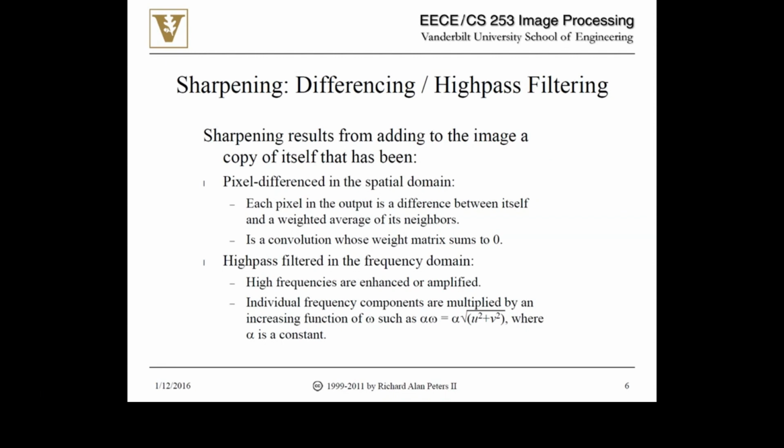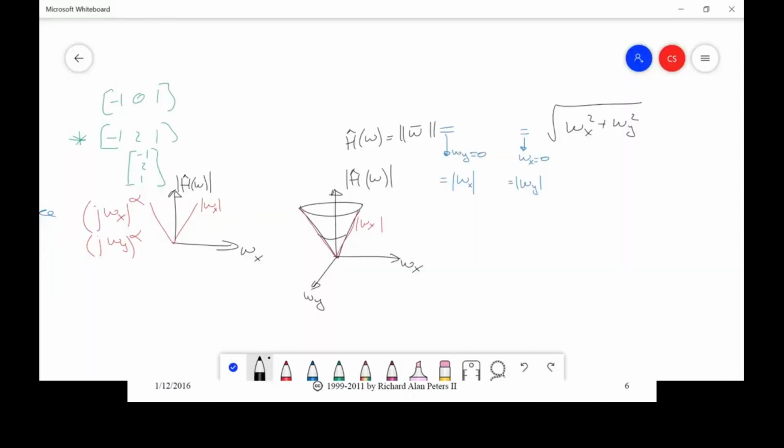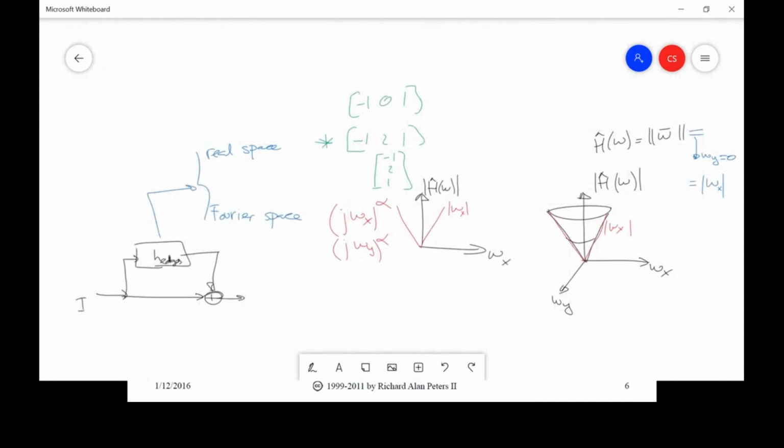And then you put some constant in front, because as we did before in math, you will add the original limit plus alpha times the derivative. So that alpha goes here. So you're modulating your edges, multiplying by alpha, and then adding alpha times your edges to the original limit.